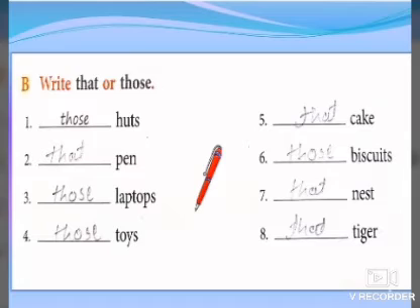Dash laptops. Again plural. So those laptops. Dash toys. Those toys. Dash cake. That cake. Dash biscuits. Those biscuits. Dash nest. That nest.